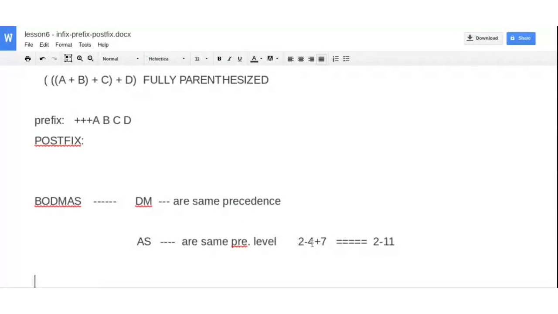That will be negative 2. Then negative 2 plus 7, and of course, you get it right. It will be 5. So once you realize that some operators are at the same precedence level, do them left to right, one by one, until you conclude.